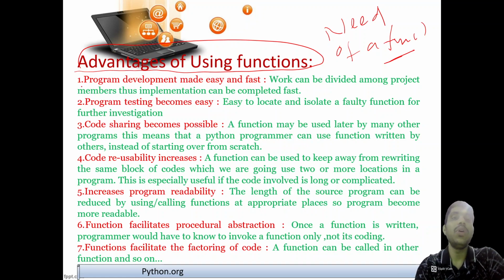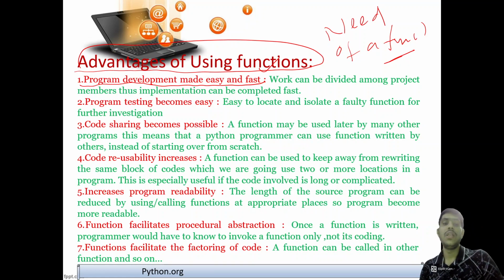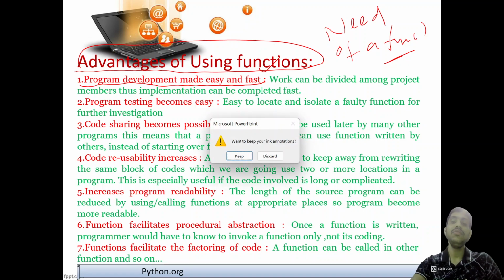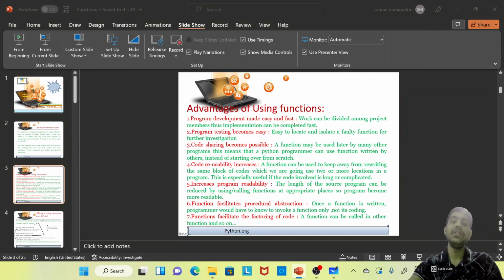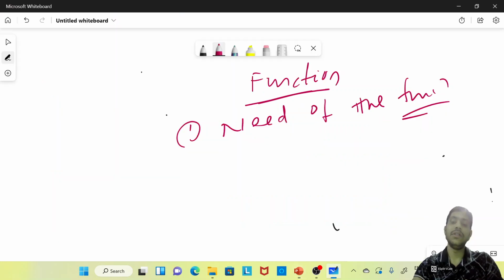First one is program development made easy and fast. Okay, so how it will be made easy and fast? So how it is? Suppose you are writing 1,000 lines of code.